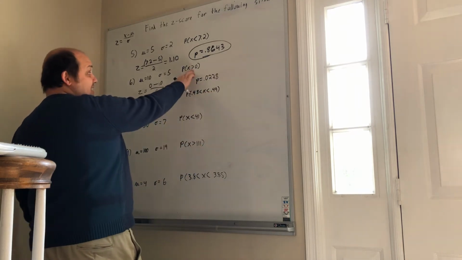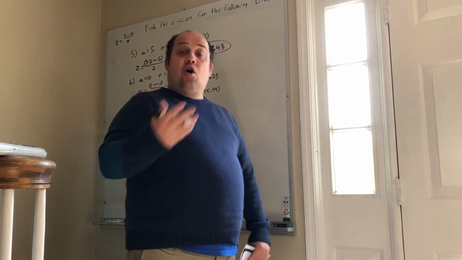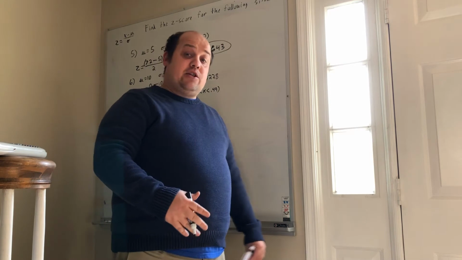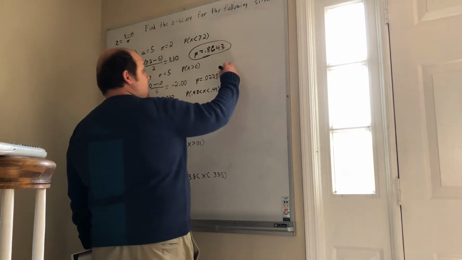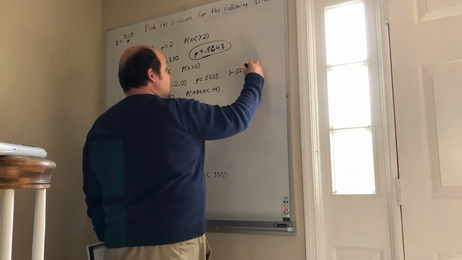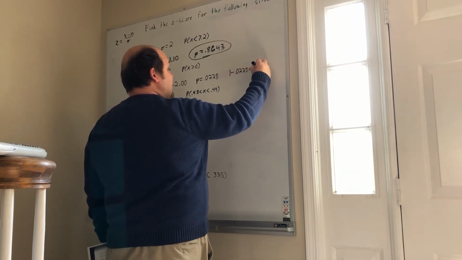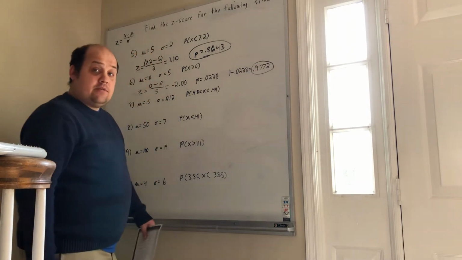Had this been a less than question, I could stop right there and that would be my answer. Because it's a greater than question, I have one additional step, which is I need to do 1 minus the table value. If I do 1 minus 0.0228, that's going to give me 0.9772, which is the correct answer to this question.